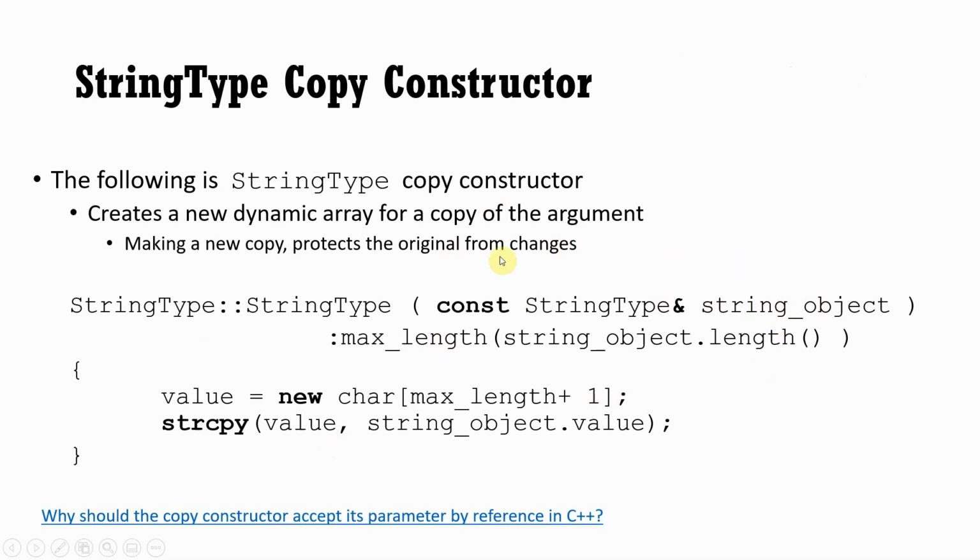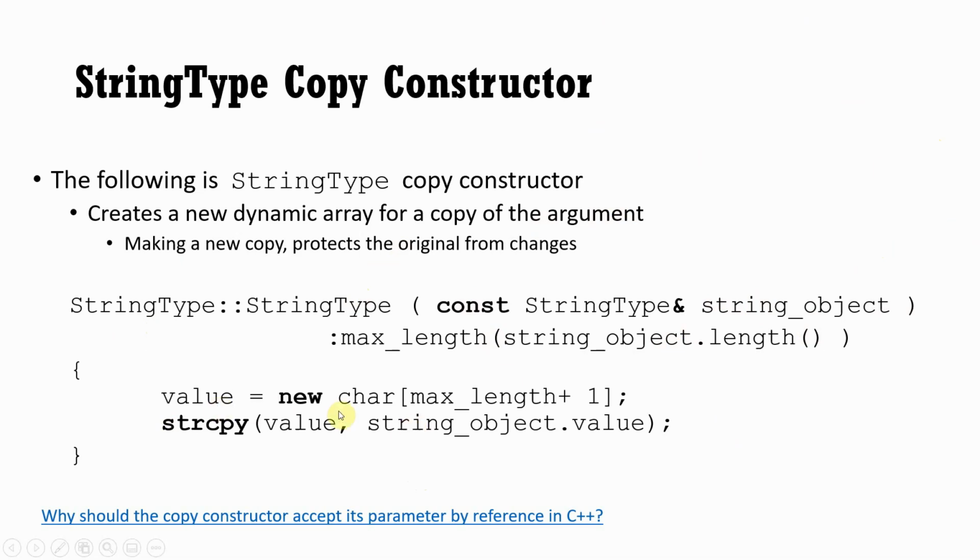So you have to remember, when we design the copy constructor, we have to make sure that the object we are creating is independent from the object that is passed to the copy constructor. We don't want them to share anything. We want them to look alike, but they should be independent.